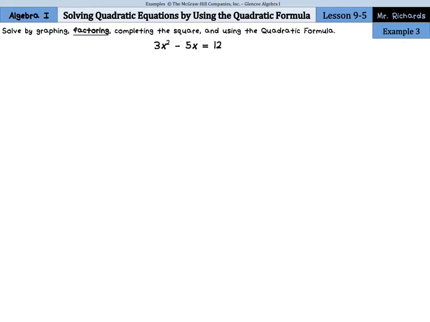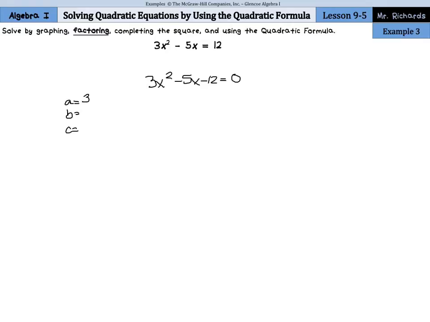Now to solve this equation by factoring, we once again need to get this into standard form. So if we subtract the 12 from both sides, we have 3x squared minus 5x minus 12 equals 0. And now, if we look at our perfect square trinomial, it's not that. It's not the difference of squares, so we can use our good old ABC method here.